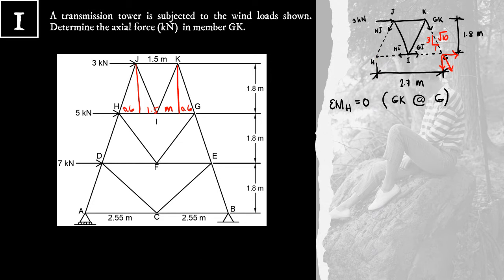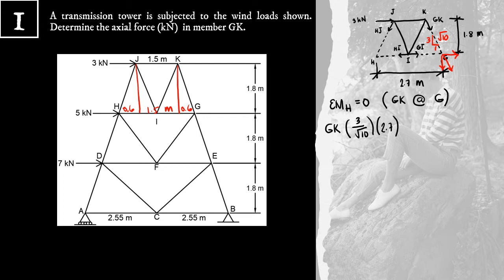Only its vertical component has a moment about point H. So we have GK considering vertical component 3 over square root of 10, and its moment arm from point H is 2.7, and it tends to rotate clockwise, so positive.